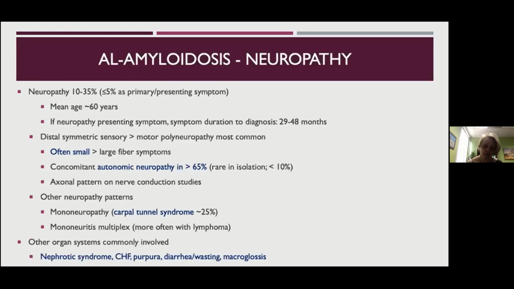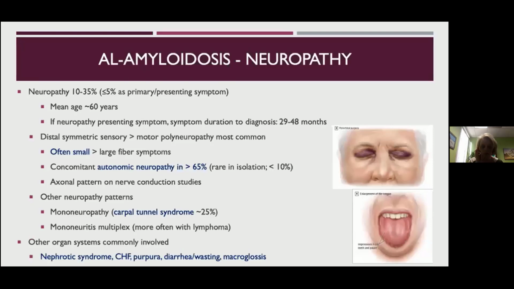Red flag symptoms are if your patient has also other symptoms, such as nephrotic syndrome, congestive heart failure, and very characteristic are these periorbital purpura and the macroglossia, where you can see the impression from teeth on the palate. So if you have this, it really should make you think of light chain amyloidosis.